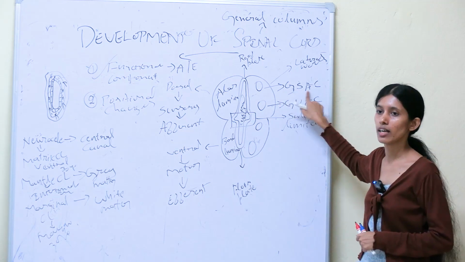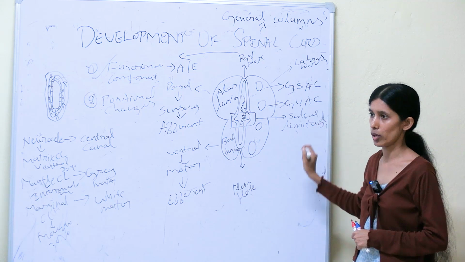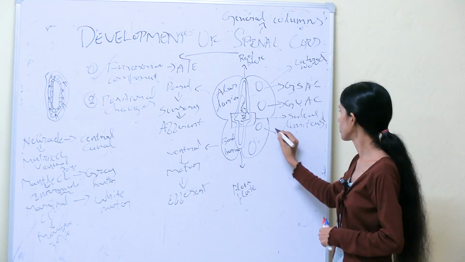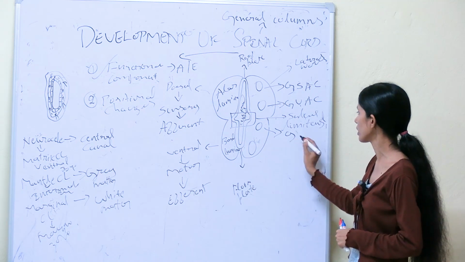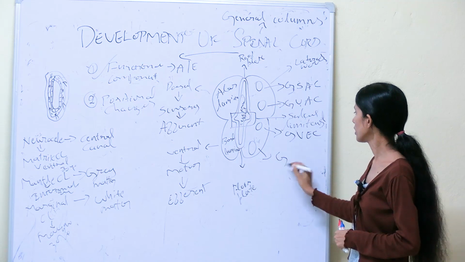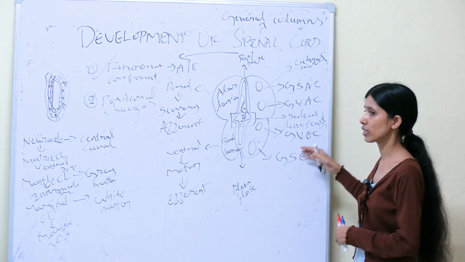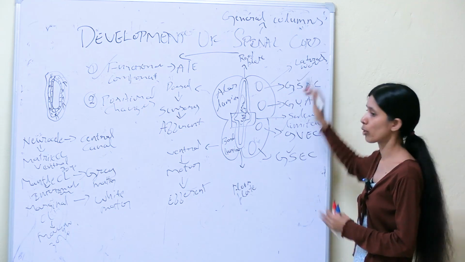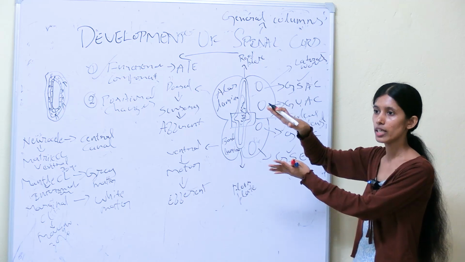The next one, in the basal lamina region, we can see general visceral efferent column followed by general somatic efferent column. So basically the somatic columns are present on the outer aspect, visceral columns are present on the inner aspect.